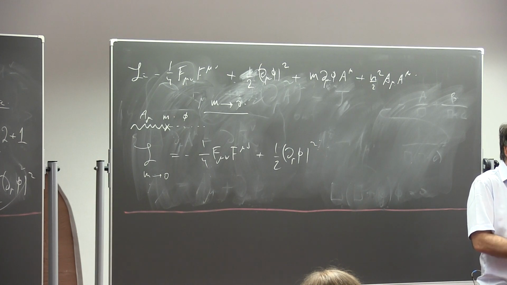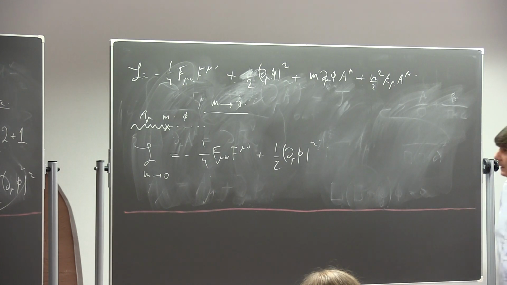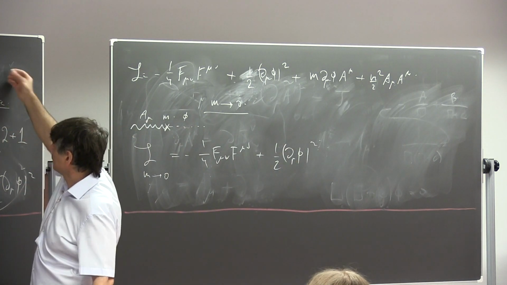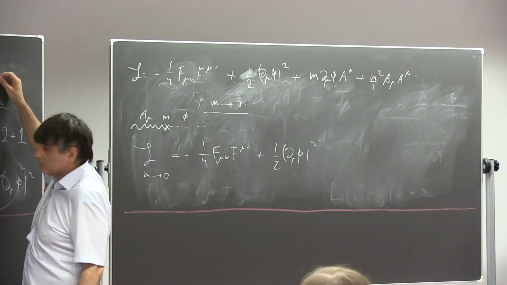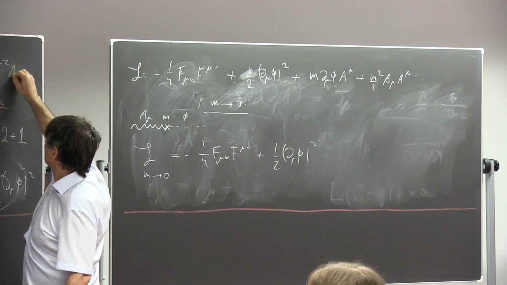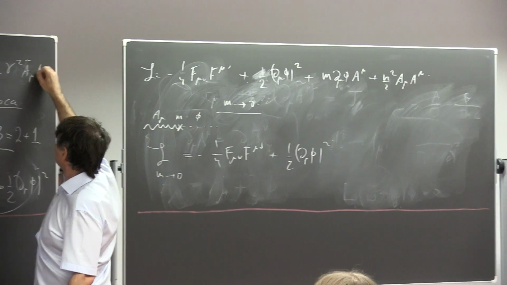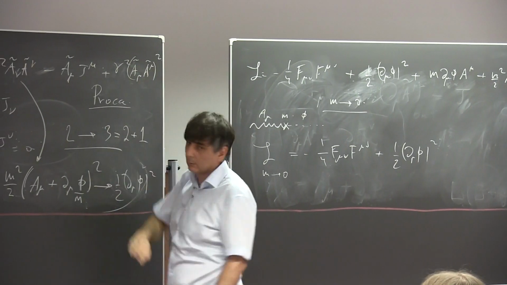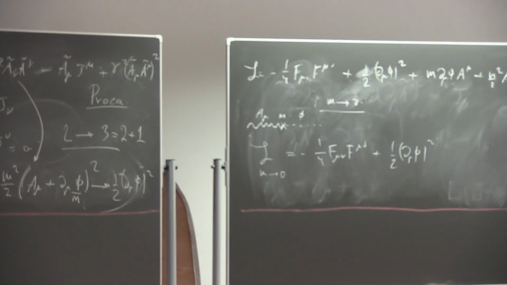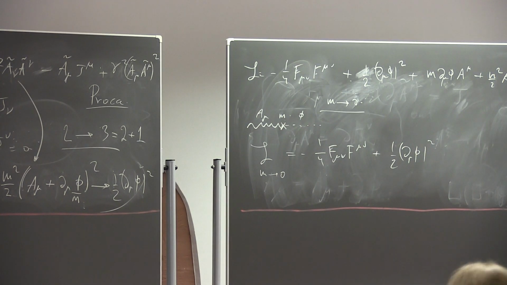Okay. For example, you can say, let me now take this original Lagrangian and add some interaction. Let me call it some gamma times A mu tilde to the fourth, okay? So I take some quartic interaction between the massive photons.